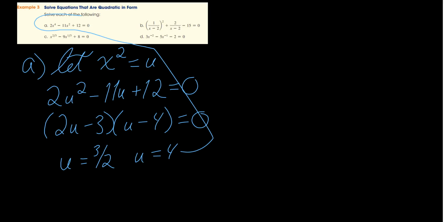So these terms here, we're going to put up here. Now it's going to turn into x squared is equal to 3 halves, and x squared is equal to 4.